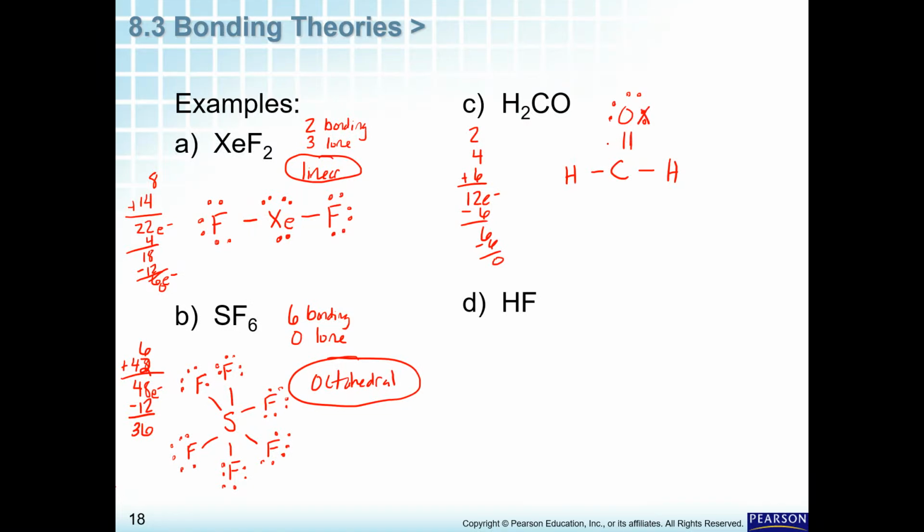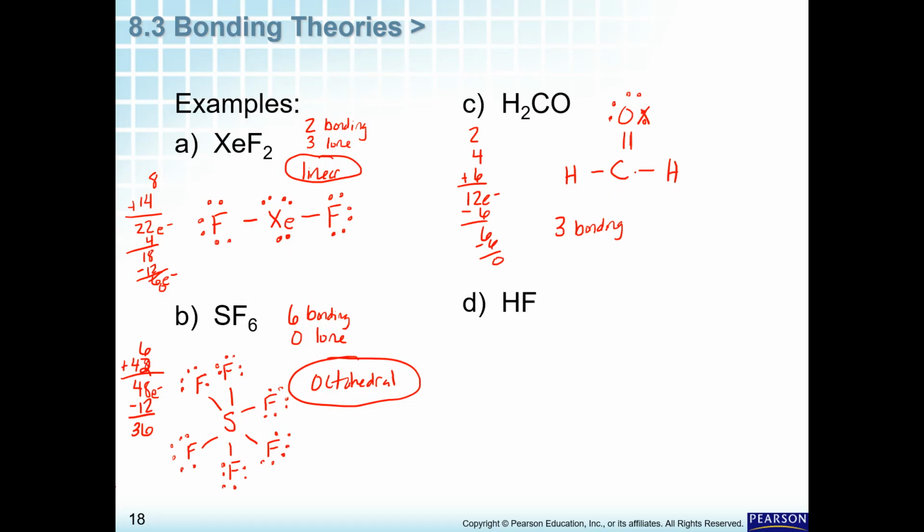Now we can ask ourselves how many bonding and how many lone. If we look at carbon, it's only bonding 3 things. So we actually have 3 bonding, 1 hydrogen, an oxygen, and a hydrogen. Again, notice this double bond counts as a single bonding group because it's only bonding 1 thing. Then we're going to look at the central atom.